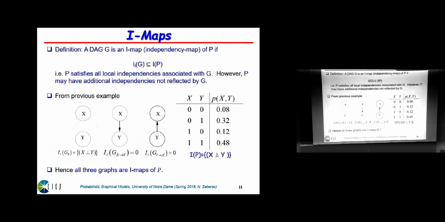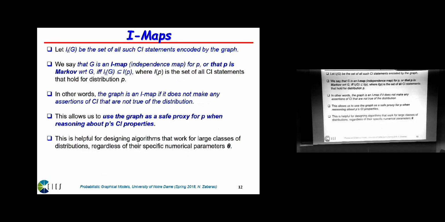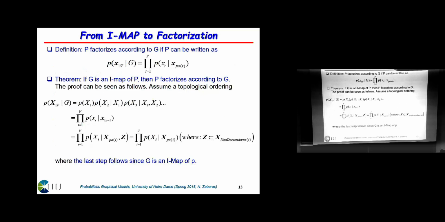So here are all three surrogates, three graphs, and they're all I-maps of the distribution P, okay? But those two graphs don't satisfy the underlying independence relations that P has, which is this one. All right, this doesn't say anything.